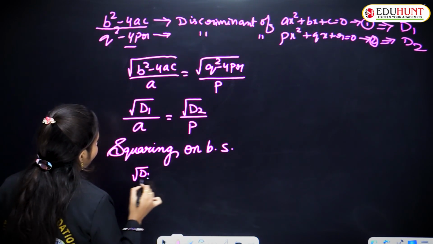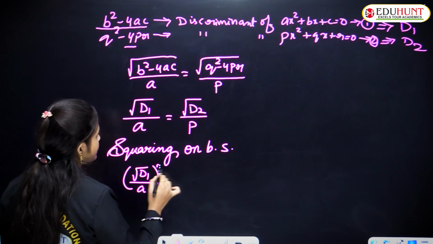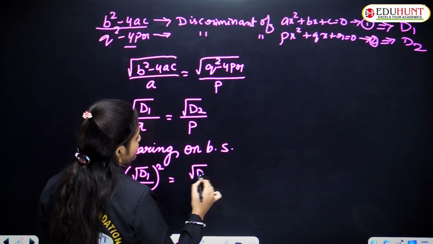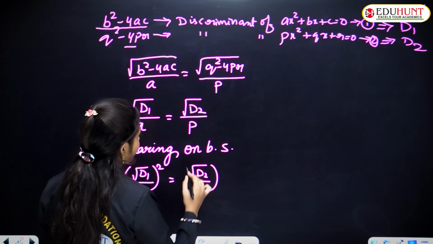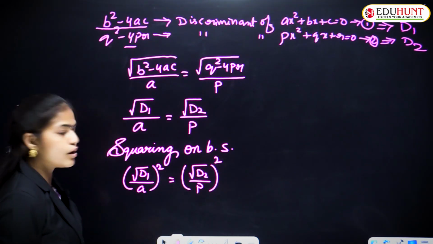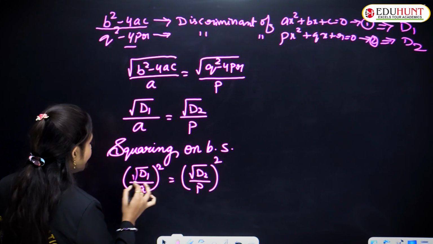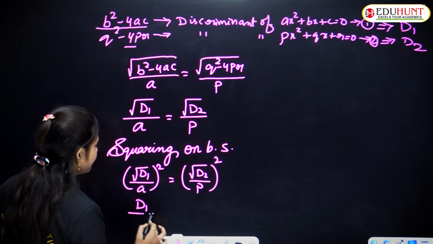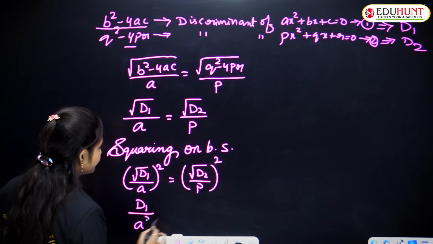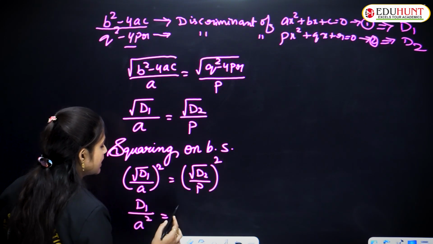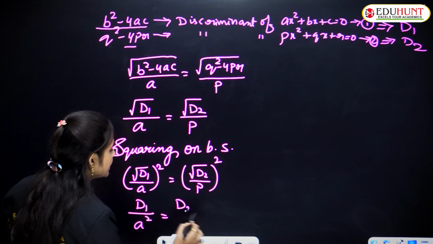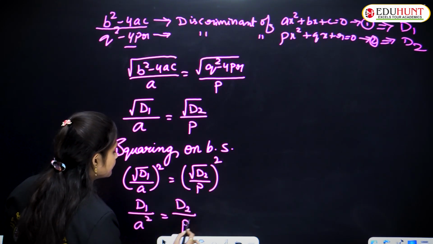So square root of D1 by a whole square is equal to square root of D2 by p whole square. So here square and root get cancelled, which gives D1 by a square, which is equal to D2 by p square.